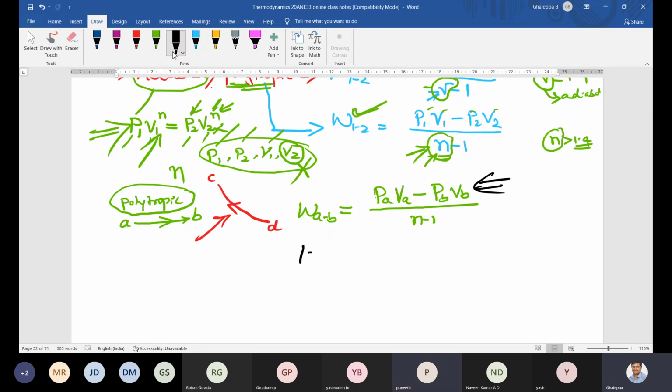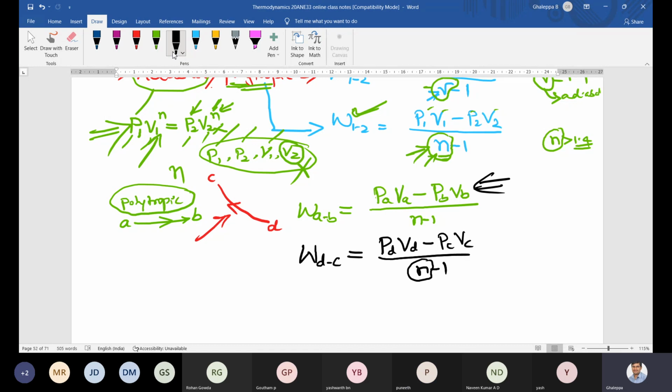Expression for W D to C equals PdVd minus PcVc divided by polytropic index minus 1. He has not given the polytropic index here.